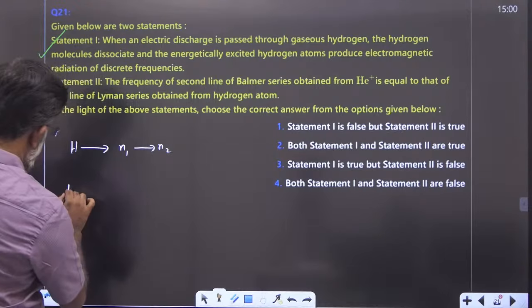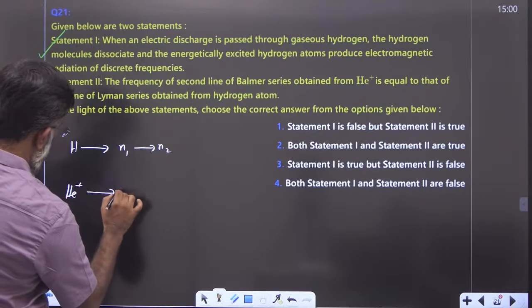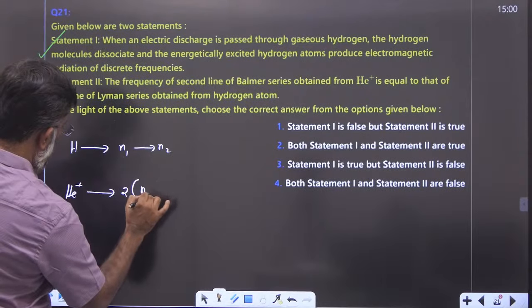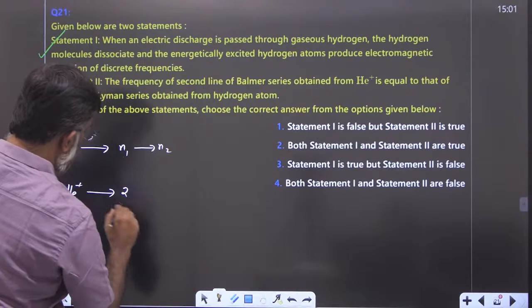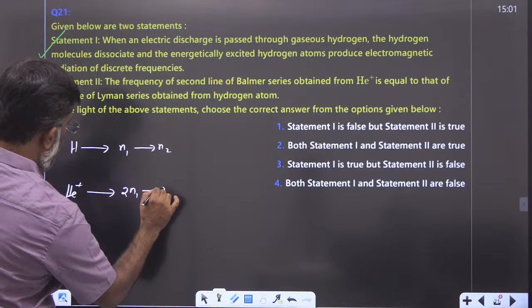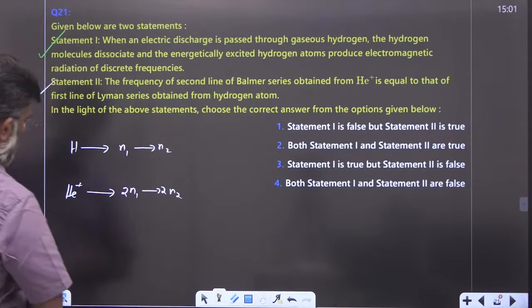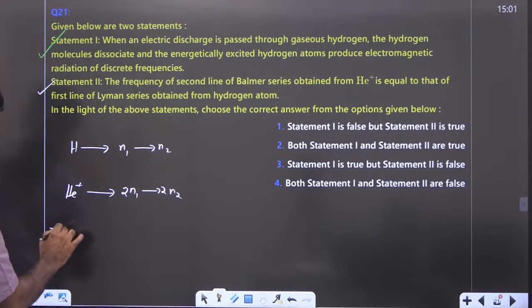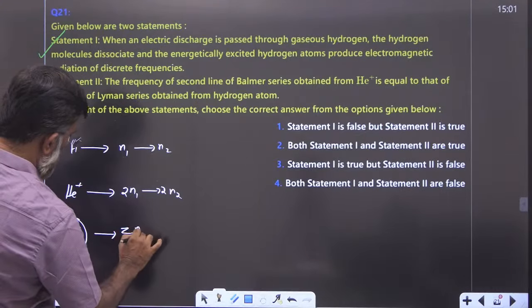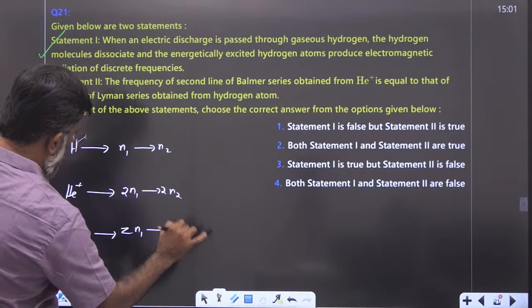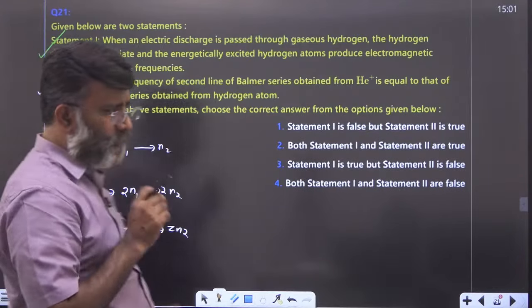For helium plus it will be 2n1 2n2 transition. For any Bohr atom with atomic number Z, it will be Zn1 Zn2 transition.